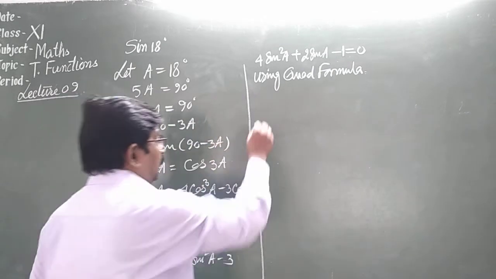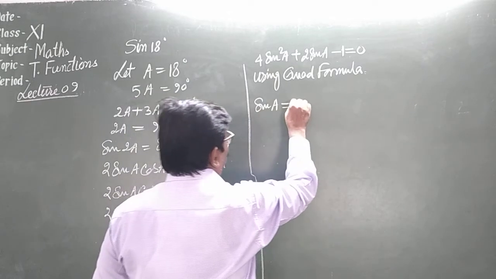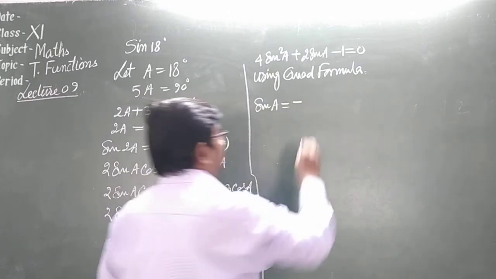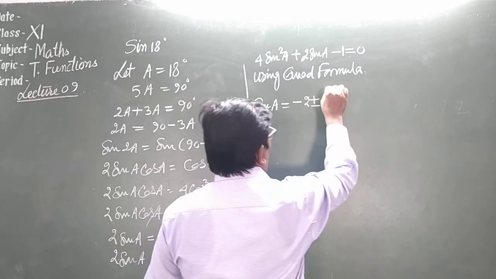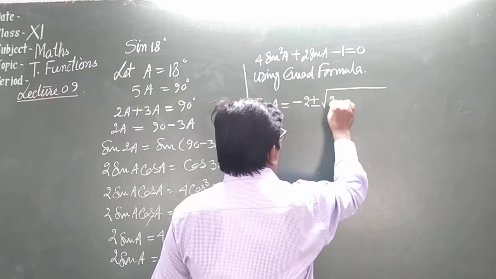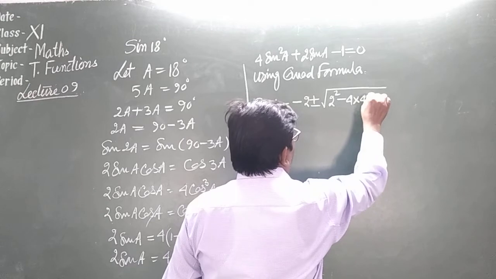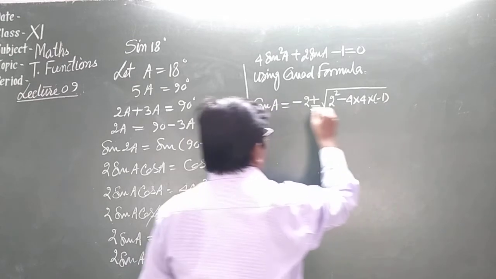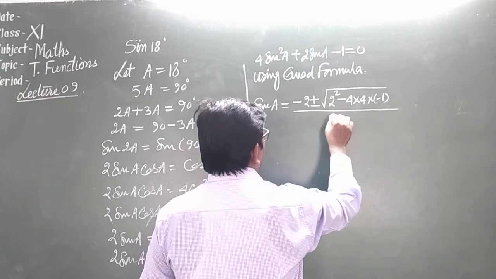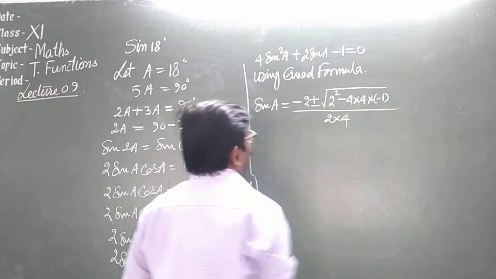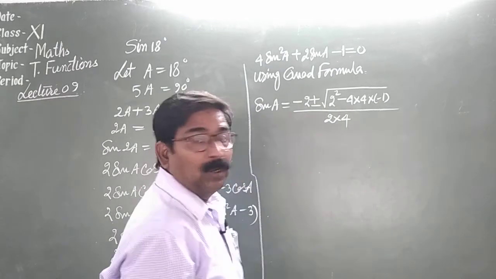Sin A is equal to minus b, coefficient minus 2, plus minus under root 2 square minus 4 into 4 into minus 1, upon 2 into 4. That is, minus b plus minus root of b square minus 4ac upon 2a.